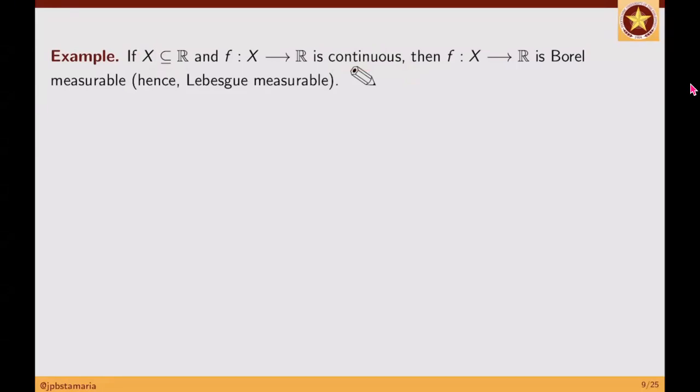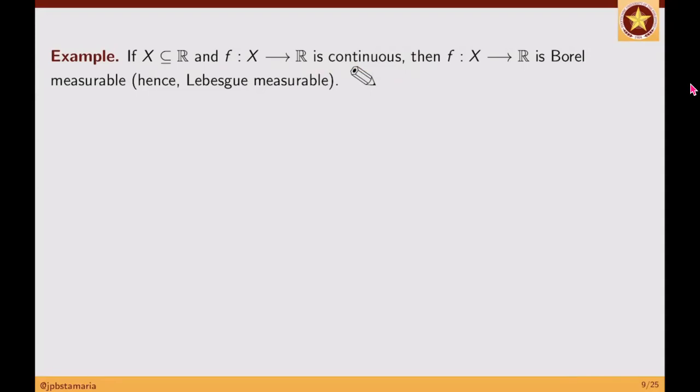Lahat ng mga continuous functions from X to R are actually Borel measurable. Dahil Borel measurable siya, ibig sabihin magka-follow na siya ay Lebesgue measurable. Question: why would a continuous function from X to R be Borel measurable? Ano nga ibig sabihin ng Borel measurable?